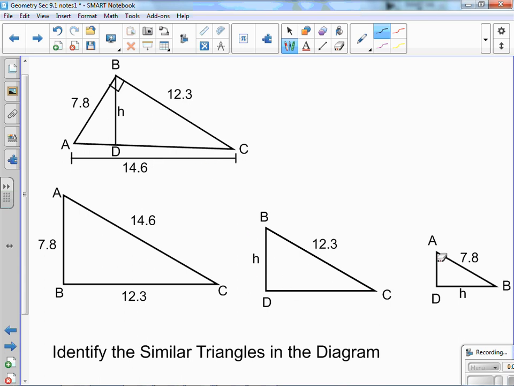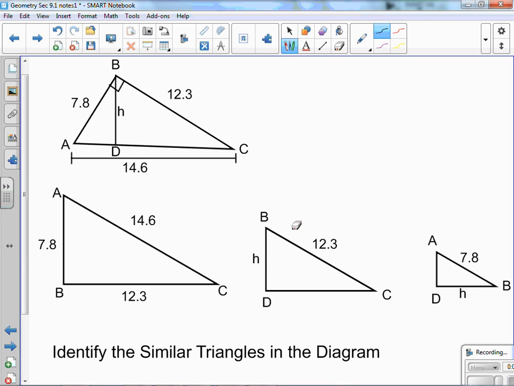And then you got the smaller triangle, triangle ADB, which is still similar to the original triangle, just smaller. Right? And so its hypotenuse is the 7.8 that we see over on this side of ABC.